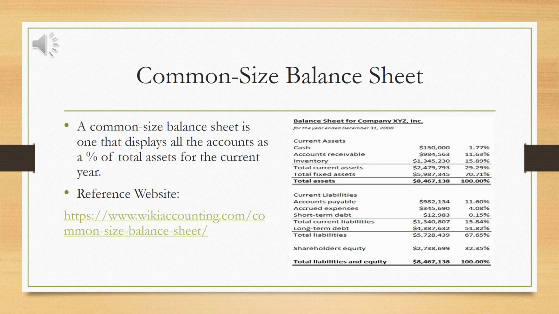If we now take long-term debt as an example, long-term debt is 4,387,632. 4,387,632 over 8,467,138 equals 0.5182. Thus, 51.82% of total assets are long-term debt.